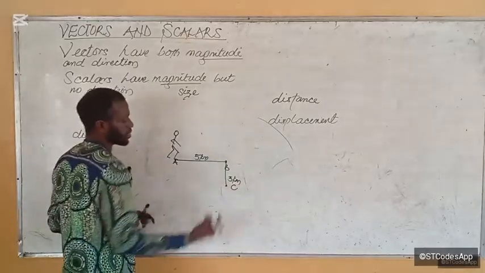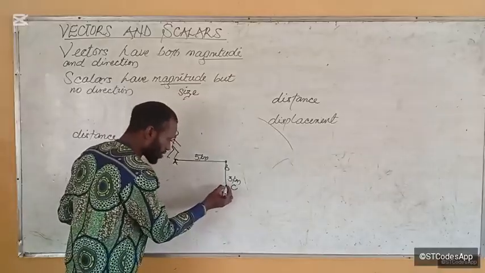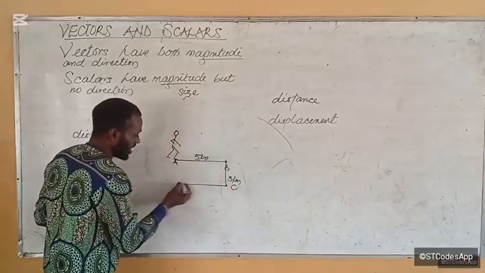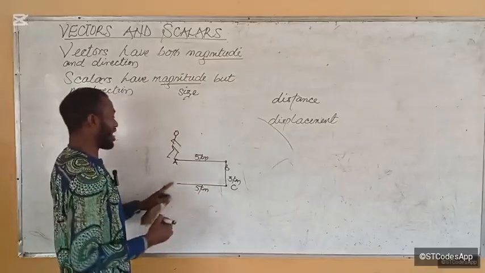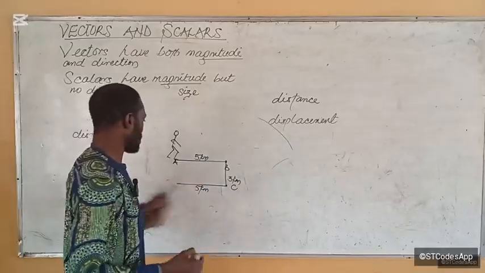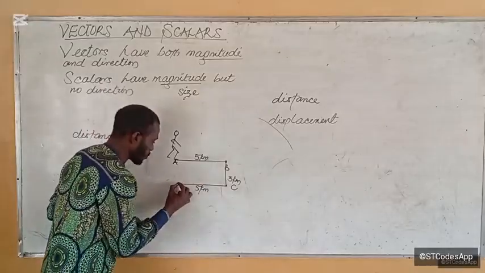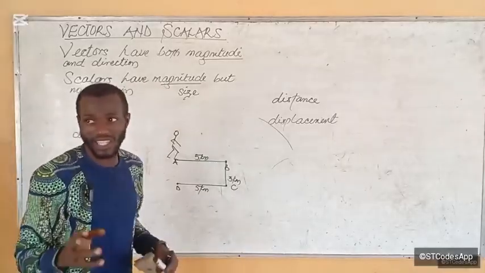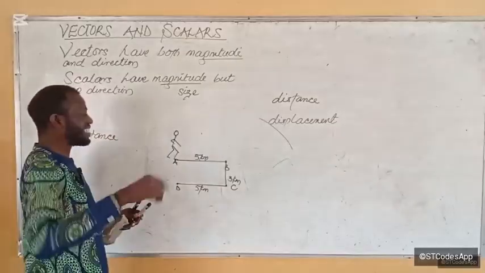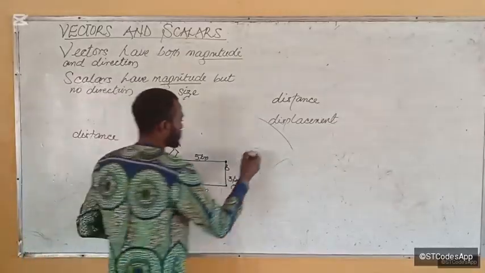And now let's say he moved 5 kilometers again in this direction, what direction is this? West, to position D. Now the question says you calculate the distance moved by the body.